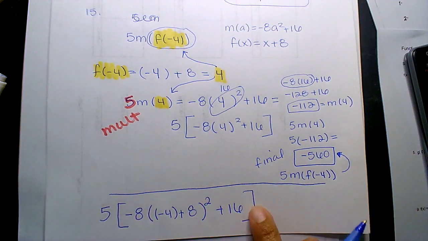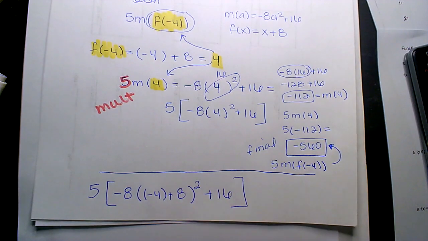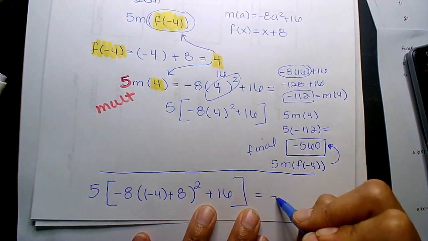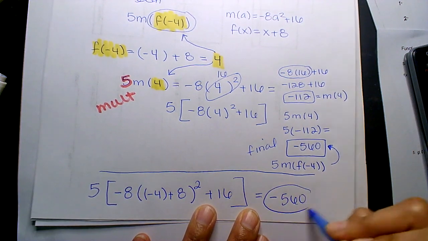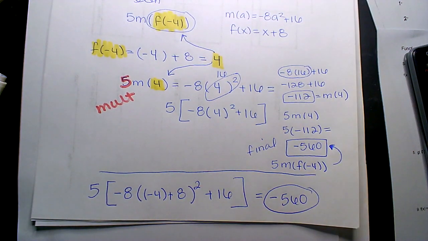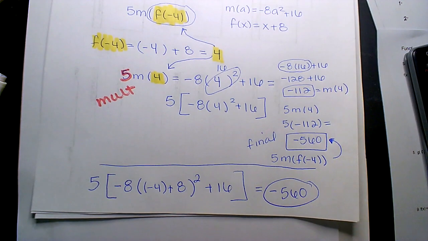And you could have thrown all of that in the calculator, and you would have got exactly that -560. Do it in parts, just keep track, get a highlighter, highlight the outside numbers so you don't forget it. That's probably the common mistake.